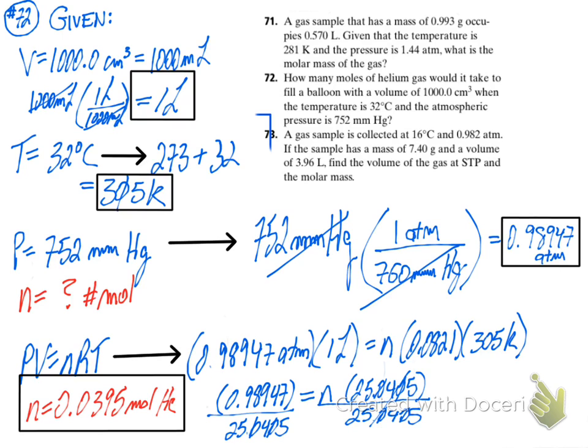So that is the number of moles of helium contained at those particular temperature, pressure, and volume. Okay? Again, if you have questions, just quickly rewind and listen to it again, and hopefully you should be good.